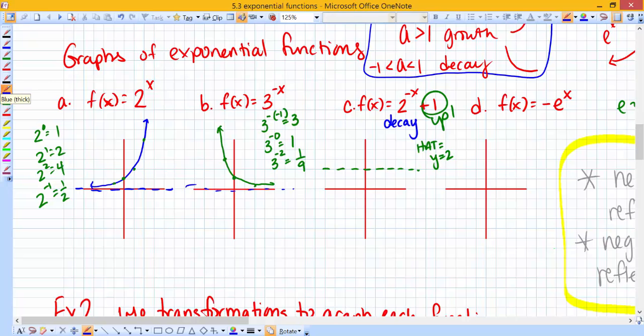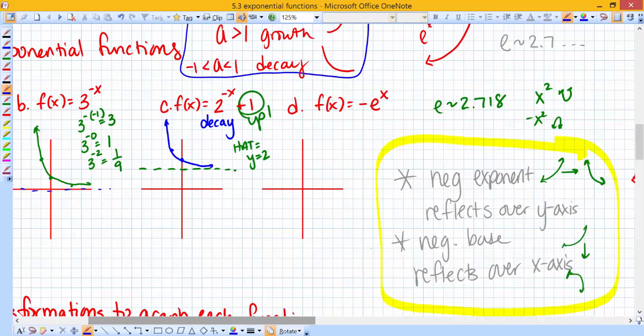And instead of my graph being at 0, 1, it's going to move up 2. So from 0, 1, it becomes 0, 3. Instead of negative 1, 2, it's negative 1, 4. Everything moves up 2. And then I have my graph. And you get the same thing if you use a table.